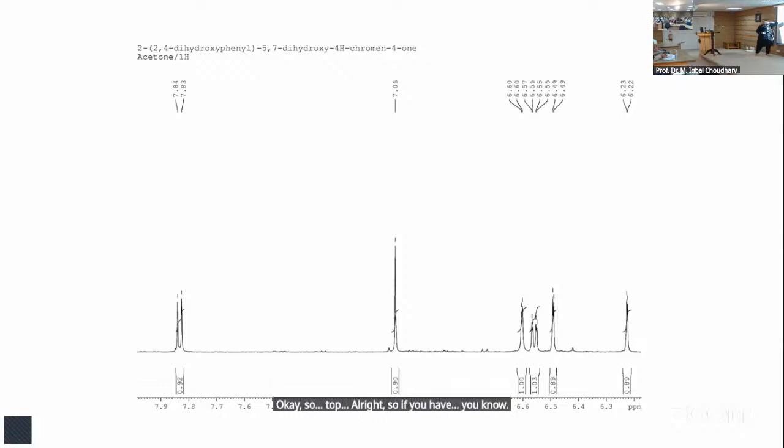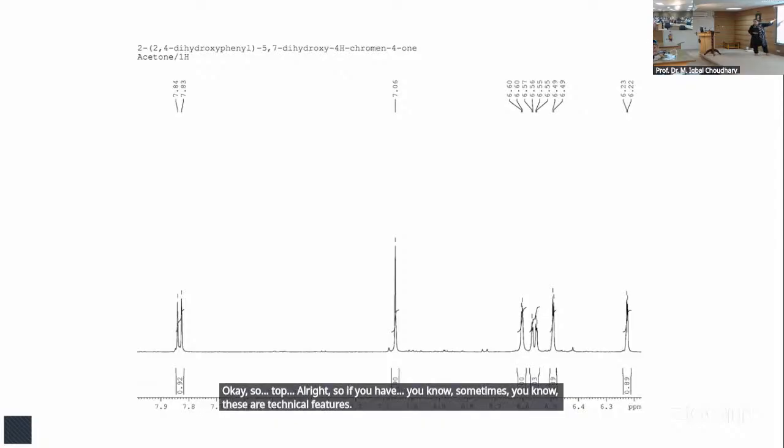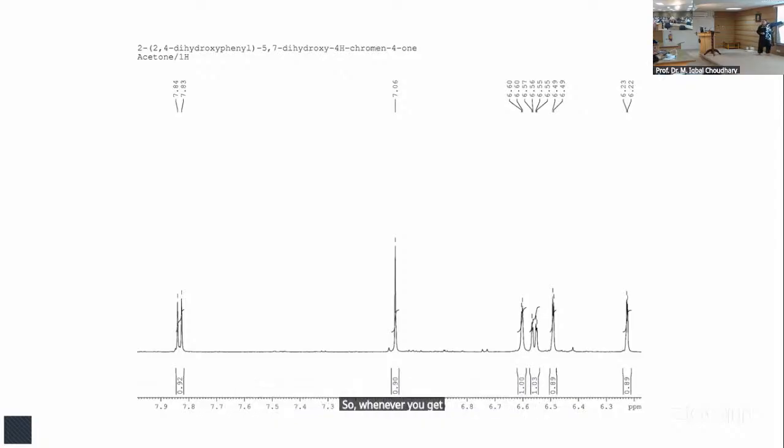Sometimes these are techniques. So whenever you get some kind of spectra, you go and ask them, you should have 3 digits after the point. Only then you can calculate the correct J value. Okay, so this is the problem in this spectrum.